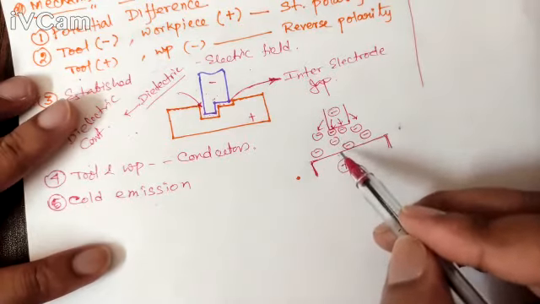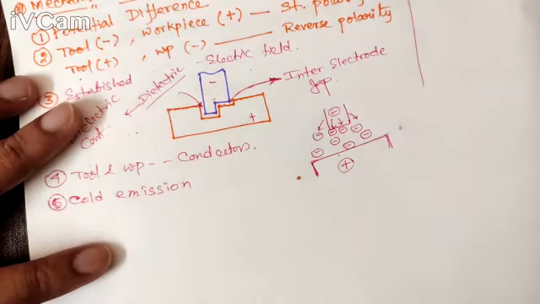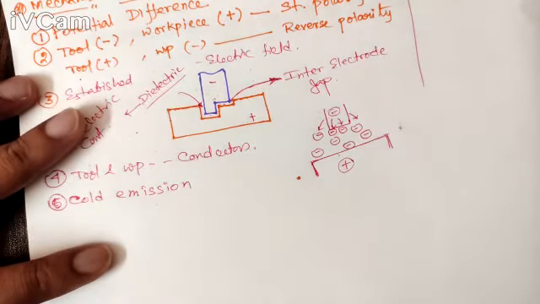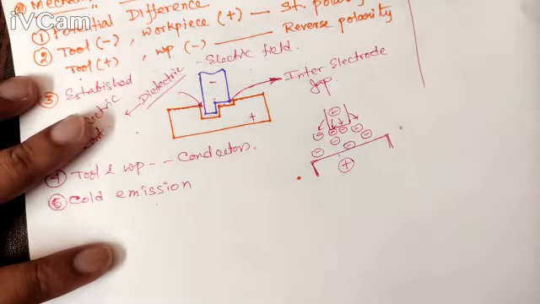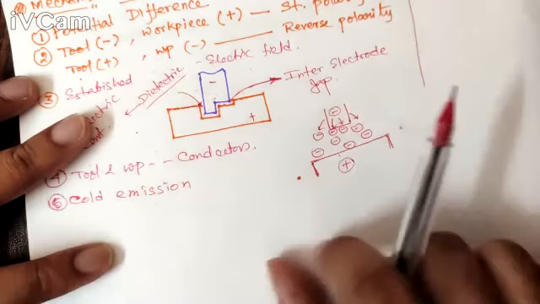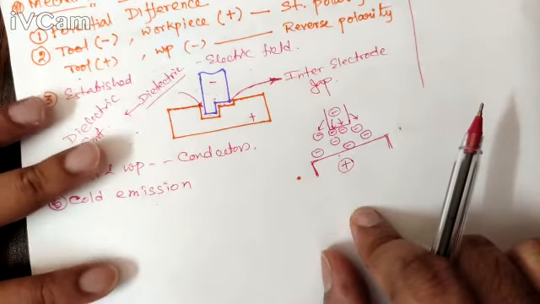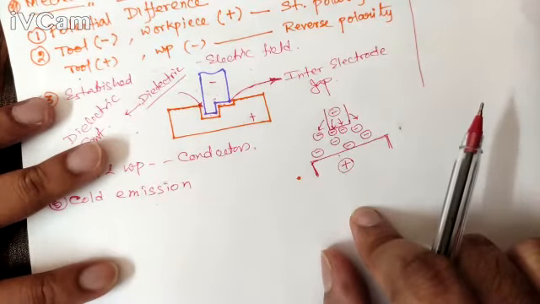If we are heating, can anybody say, for a conductor made of copper, at low temperature will the conductivity be more, or at high temperature? At high temperature, sir. High temperature conductivity will be more, yes or no?